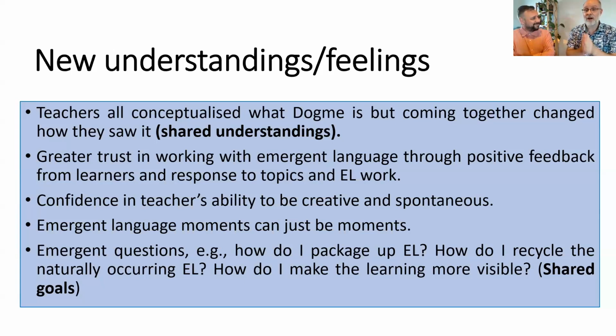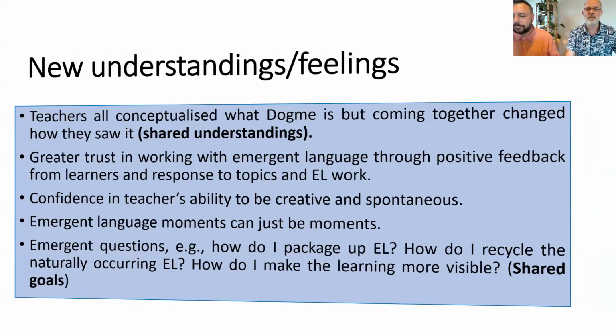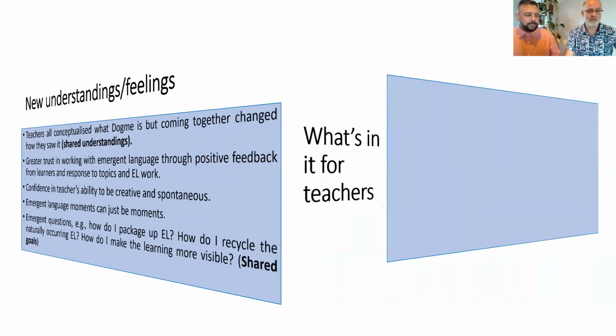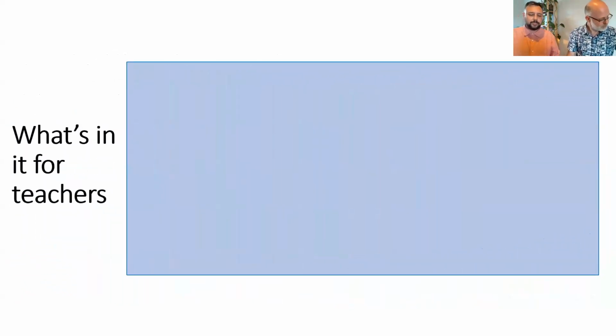Yes, the first one is, how do we package up EL? How do we go to more the sort of fall out, fall off, fall in type stuff? And how do you recycle naturally emerging language? And how do you make learning more visible? So these are the sort of shared goals that these teachers have come up with.